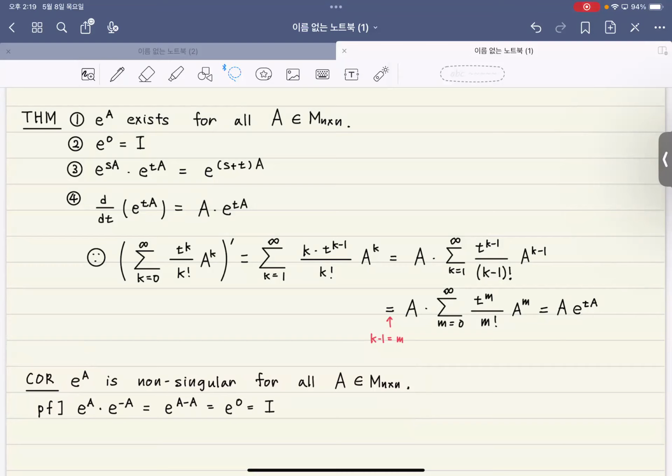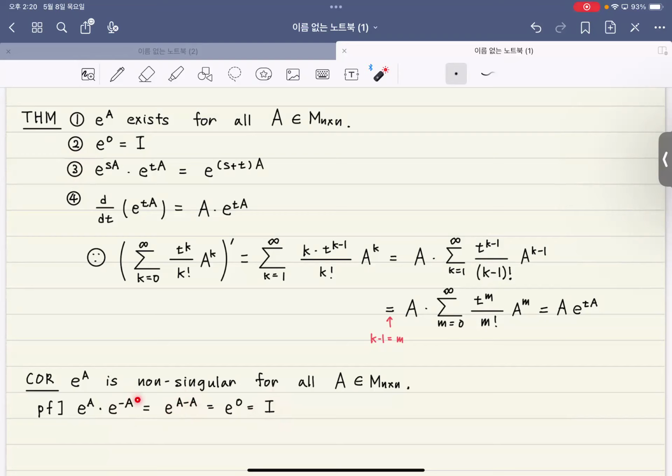Why? Because of property number 3. e to the A times e to the negative A, according to property number 3, is precisely e to the A minus A, which is e to the zero matrix, so it must be the identity.